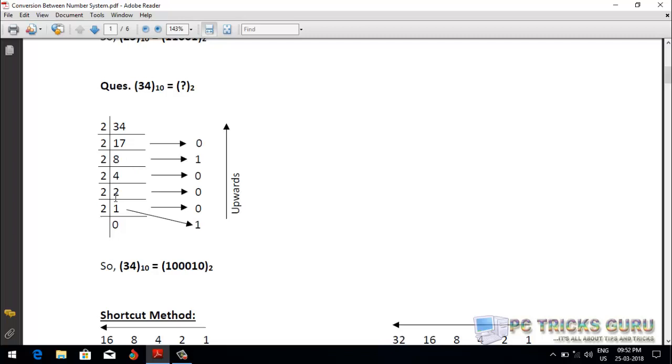So at the end we get 0 as quotient and 1 would be taken as the final remainder. So 34 base 10 equals 1000010 base 2. So we have one more method, the shortcut method.